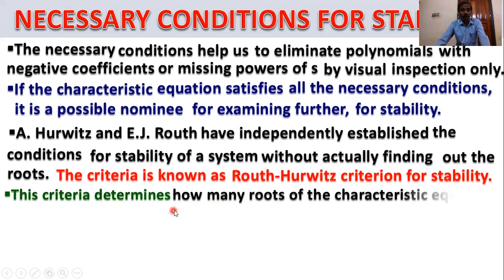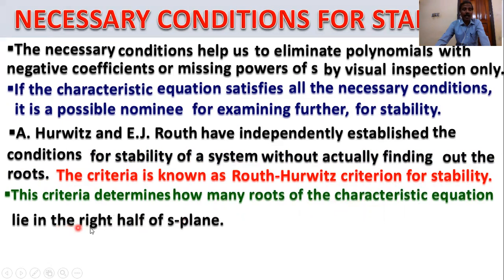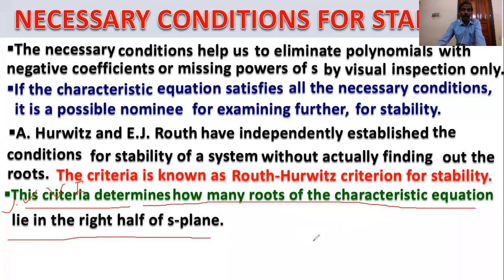This criterion determines how many roots of the characteristic equation lie in the left half or right half of the s plane. So this is a very, very important point, because this criterion determines how many roots of the characteristic equation lie in the right half of the s plane.